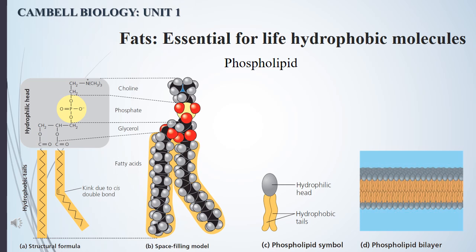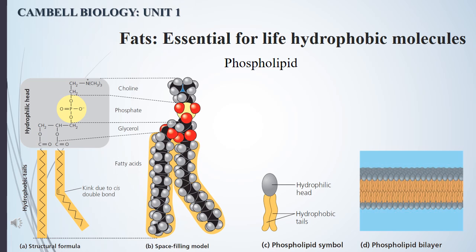Now, we can't talk about fats without talking about phospholipids. Phospholipids are essential for life. These are the molecules that delineate our cells, that protect our cells, that allow signals selectively to reach the inside of our cells, and they form a very, very nice barrier.